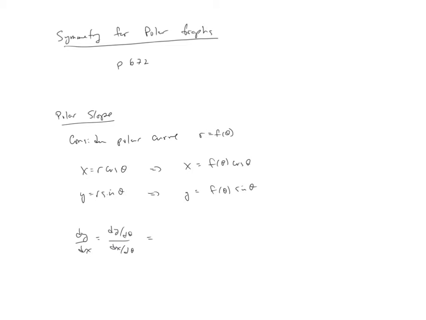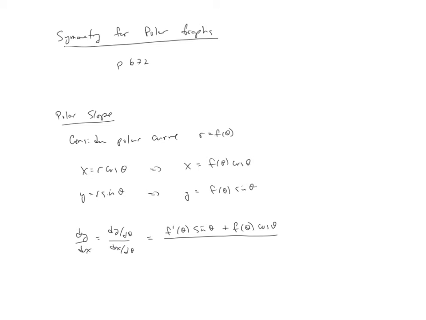So I'm going to start here, the derivative of y with respect to theta. So I'm going to have derivative of the first times the second plus derivative of the second, which is cosine, back times the first. So there's our numerator now.